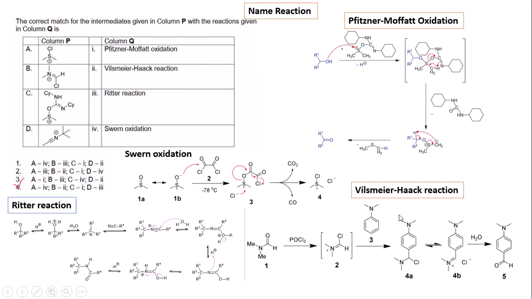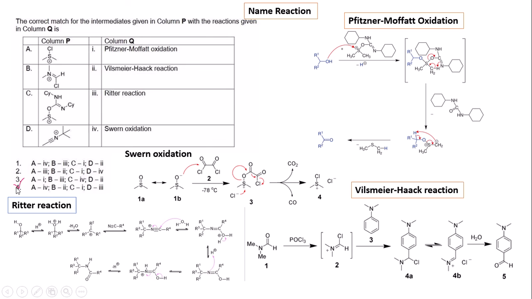And in the case of the Vilsmeier-Haack formylation, the intermediate is formed when POCl3 first reacts with N,N-dimethylformamide, DMF, to produce the ionic species, and then this ionic species reacts with the aromatic substituted derivative to give the formyl substituted derivative.